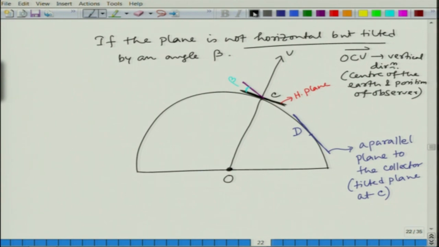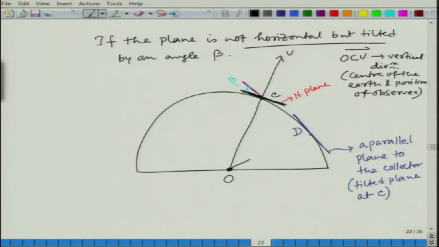Okay. So, similar to what we did at C, what we can draw at D, we can draw a line that extends along OD. Okay. Now, you can imagine that this particular parallel line, wherever it is cutting, this is the horizontal plane at location D, right.